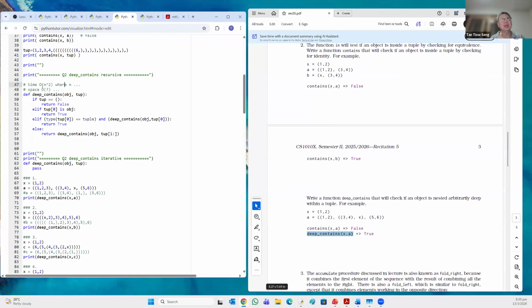And what is n? N is the tuple length. You mean the input tuple length? Yeah. And what about space?